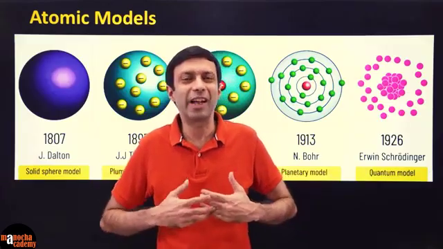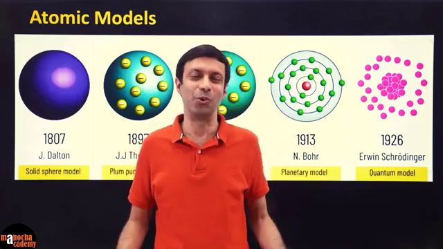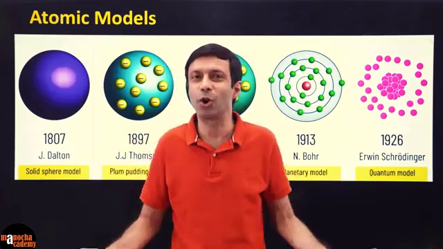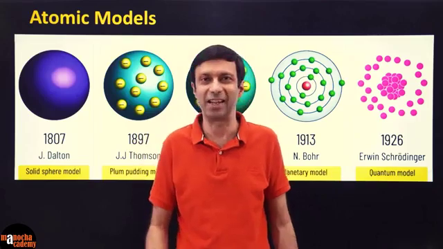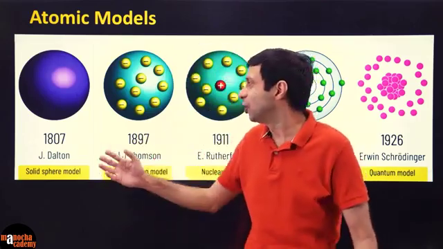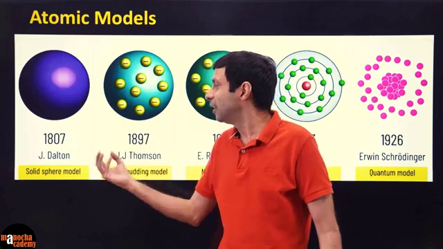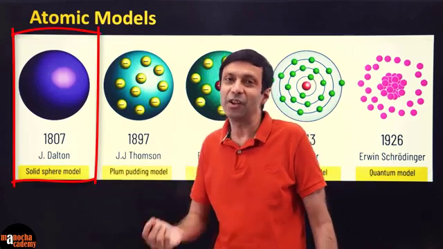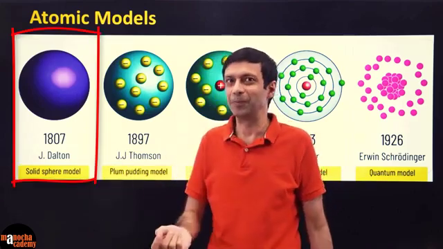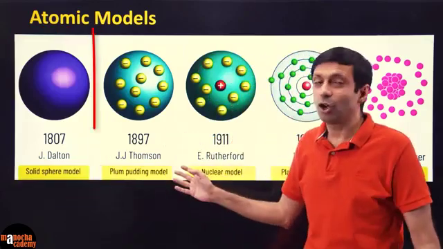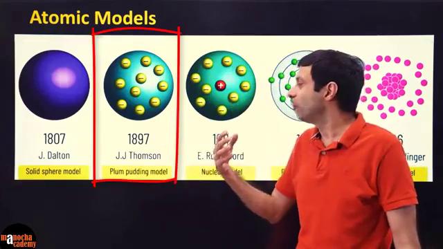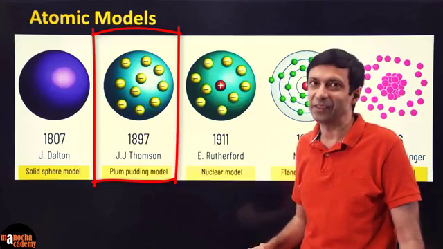So I hope Bohr's atomic model is crystal clear to you now. Remember, there were many atomic models proposed over the years by the scientists. It all started with John Dalton proposing the model of the atom in 1807, where the atom was considered like a sphere. And then J.J. Thomson refined it and proposed the plum pudding model in 1897.